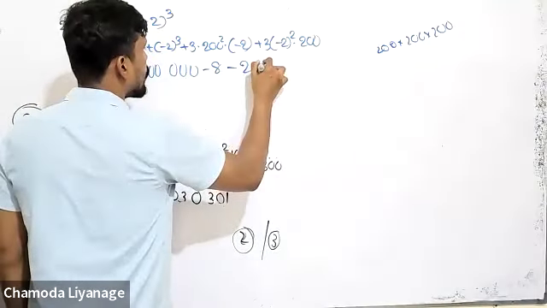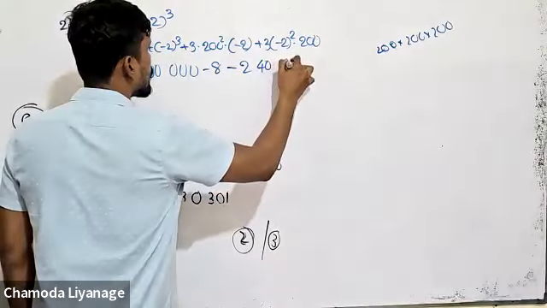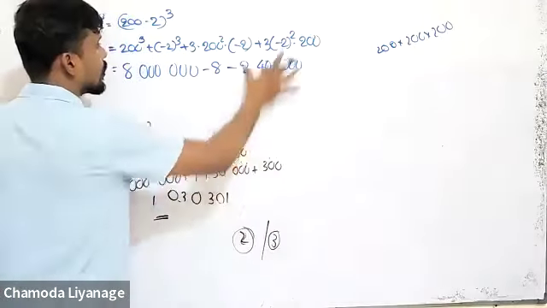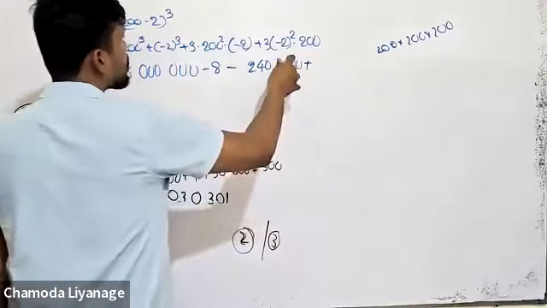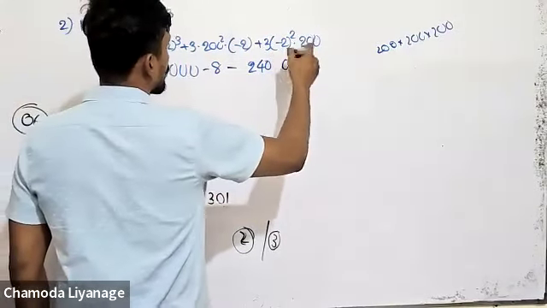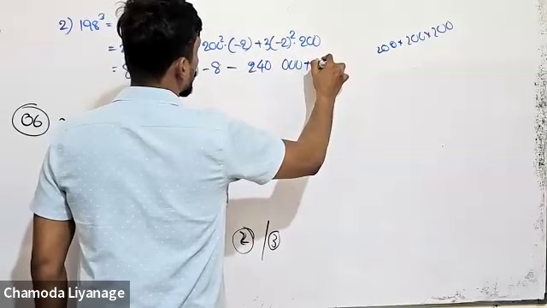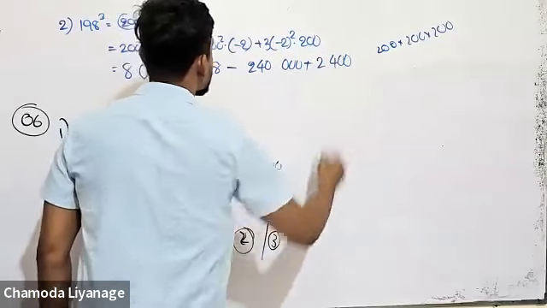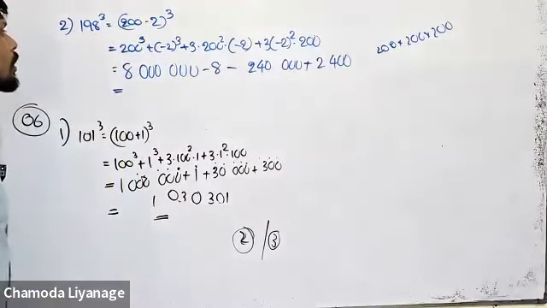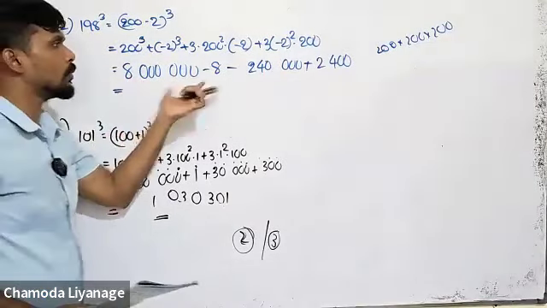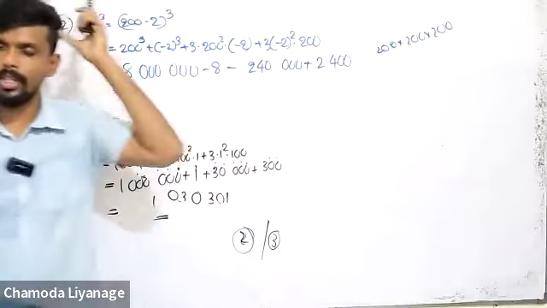So 24 and 4 zeros, 240,000. Plus here, minus 2 squared is 4, 4 into 3 is 12, 12 into 2 is 24, so 2,400.